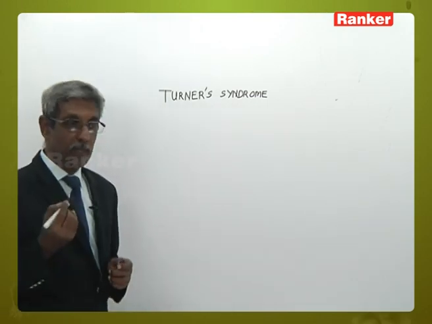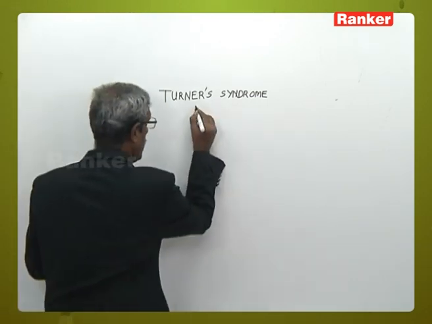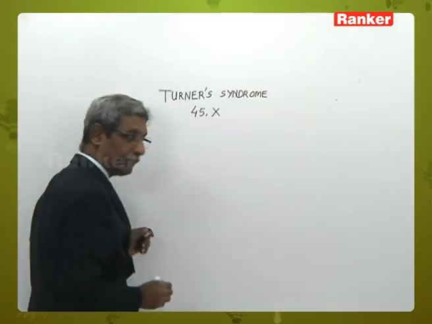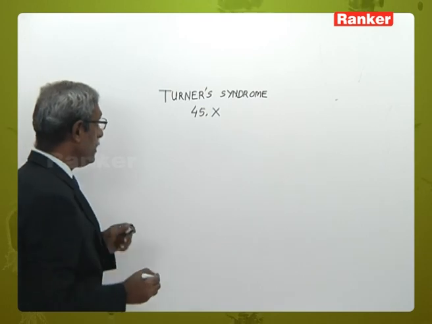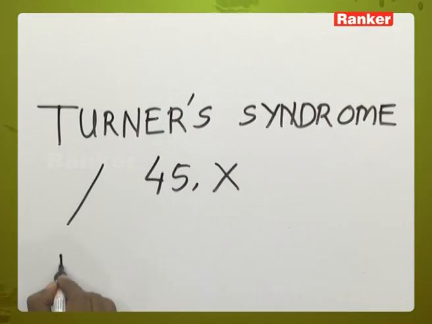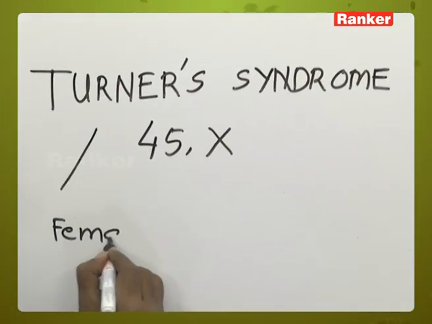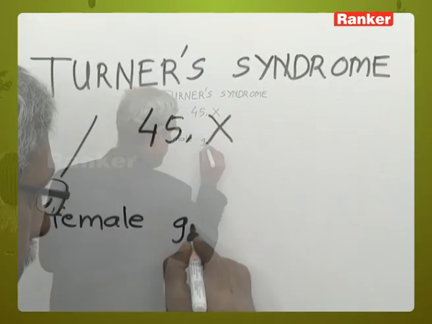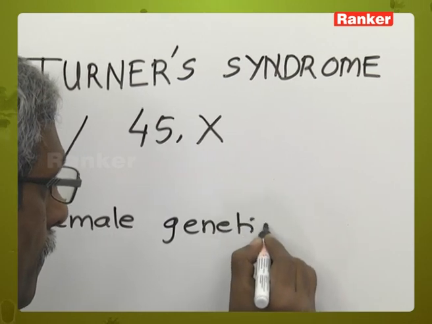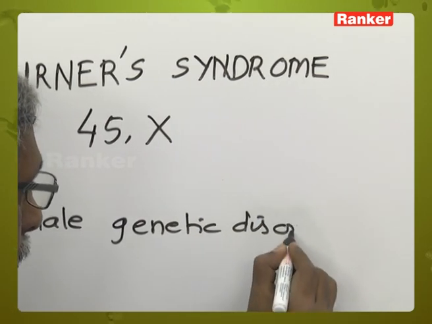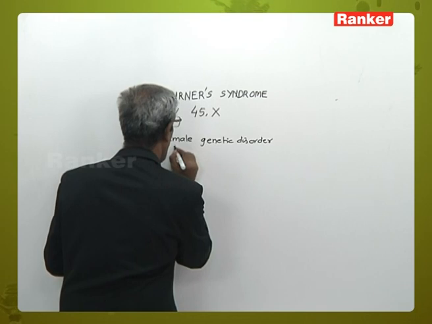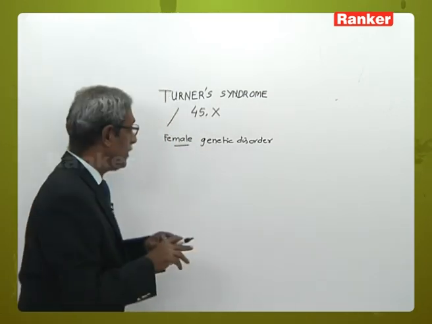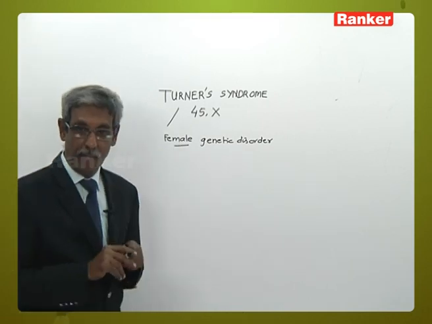In the case of Turner syndrome, it is designated as 45, X. Turner syndrome is a female genetic disorder, while in the case of Klinefelter it was male. In the case of Turner, it's always female.